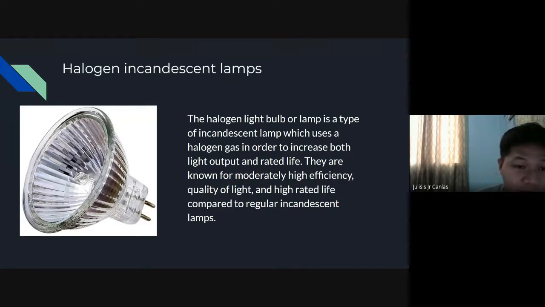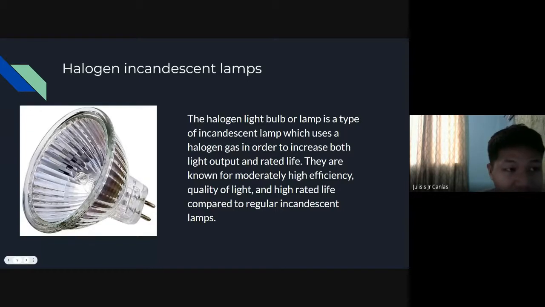This type of lamp is normally used in buildings, in ceiling lights, and also in cars and motorcycles, like old cars and old motorcycles. This light is usually used. And about how it works, from the explanation, it also uses gases inside the bulb, and the energy will flow inside it and it will produce light.